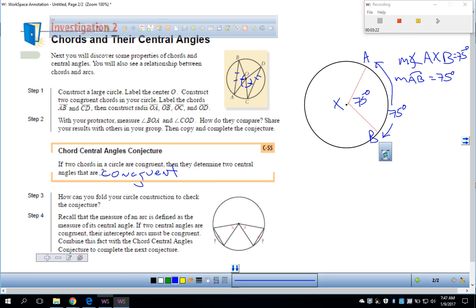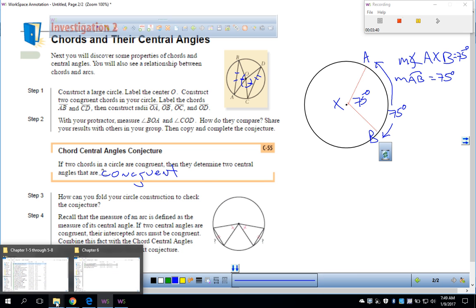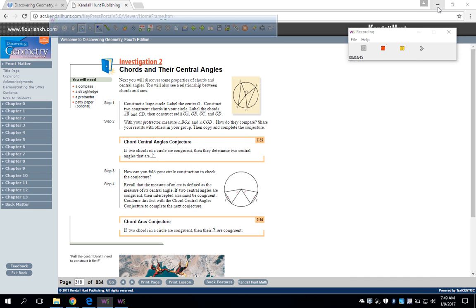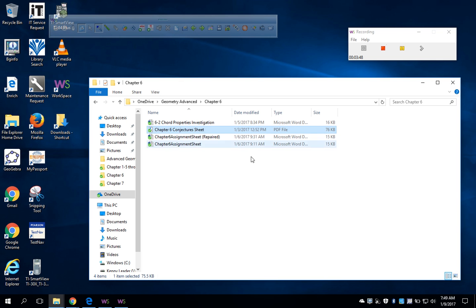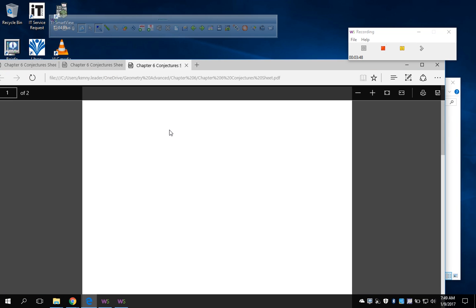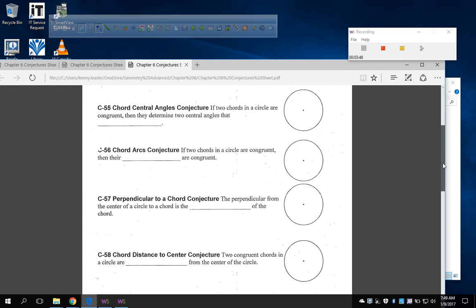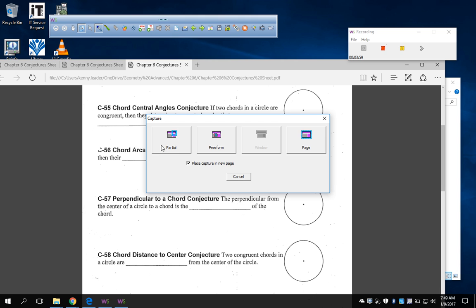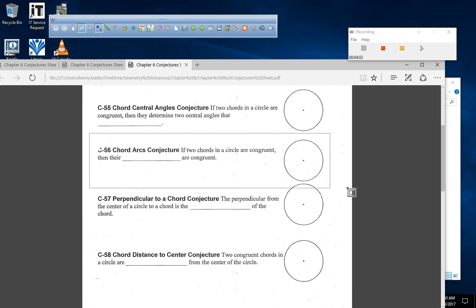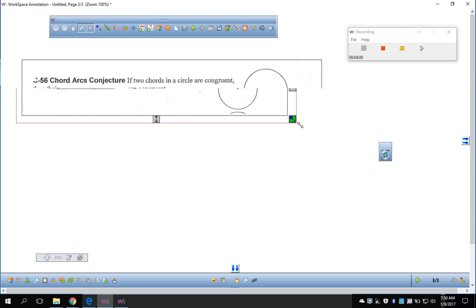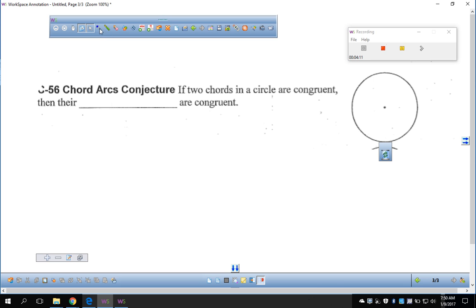Using that, we can go on to the next conjecture, which is C56. It kind of follows.